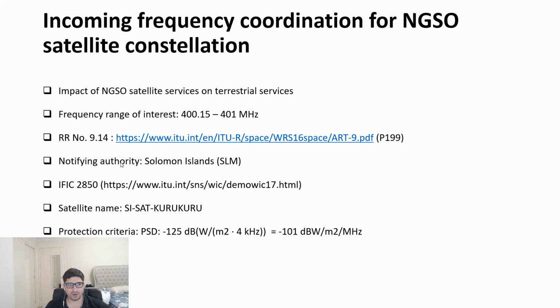So the notifying authority is Solomon Islands and the satellite is Korokoro, and this is the protection criteria: -125 dBW per square meter in 4 kHz, which is roughly equal to -101 dBW per square meter per MHz. All right, so this is the information that we need to use for the coordination.